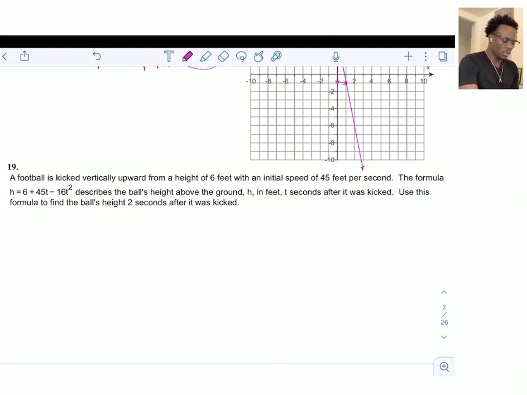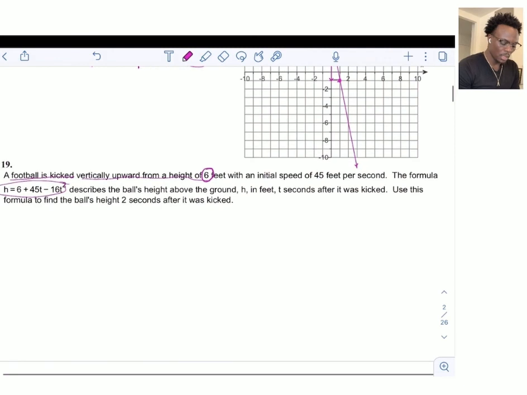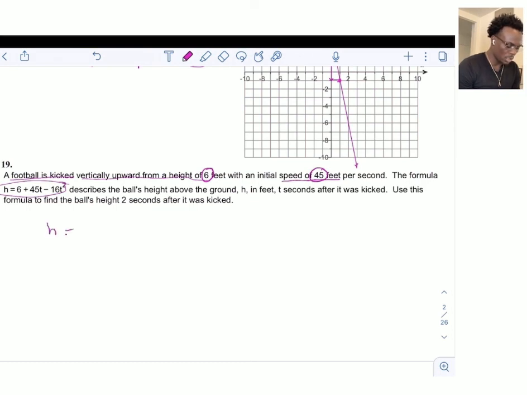Now number 19. I have the height of a football that is kicked vertically upward from an initial height of 6 feet, with an initial speed of 45 feet per second, and the formula that's given to me is h equals 6 plus 45t minus 16t squared.